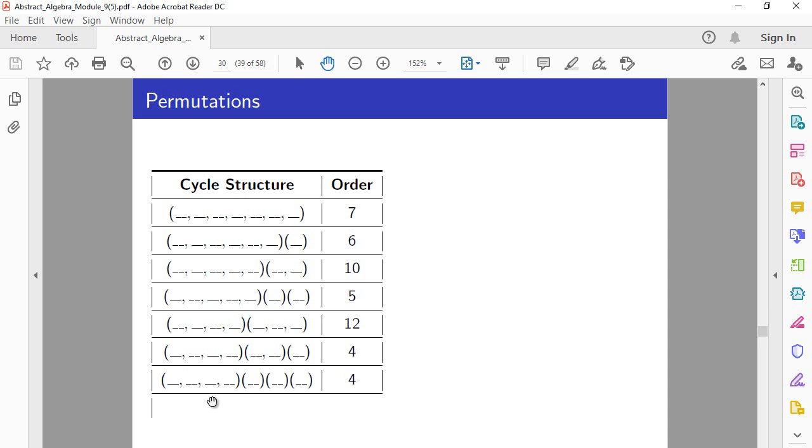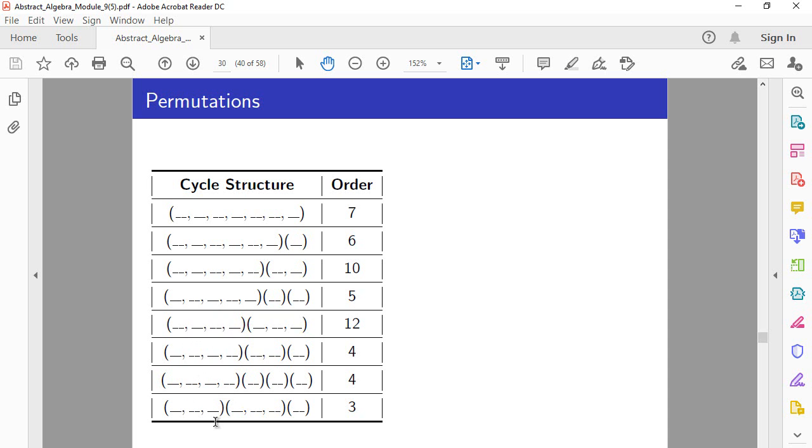We also may have a cycle of length 4 with three cycles of length 1 here. In this case, the LCM would be 4. So these are the only possibilities with length 4 being the largest length.